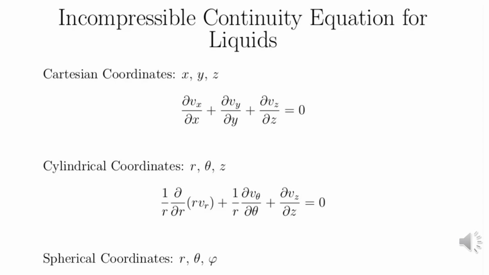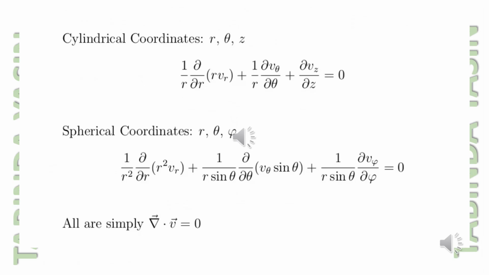In cylindrical coordinates r, theta, and z, we write 1 over r partial over partial r of r vr, plus 1 over r partial v theta over partial theta, plus partial vz over partial z, equal to 0.